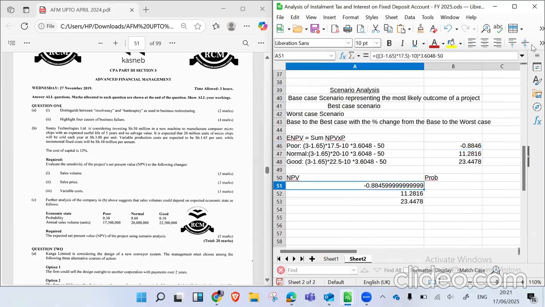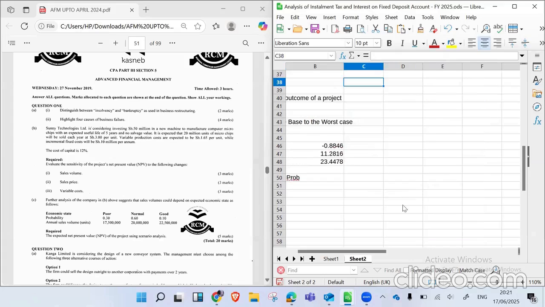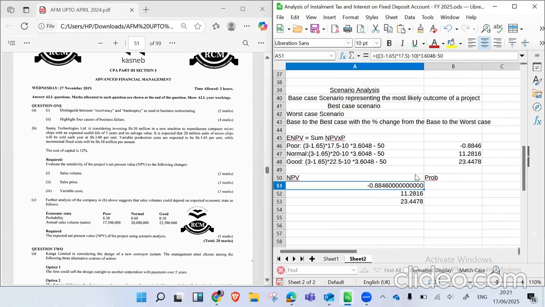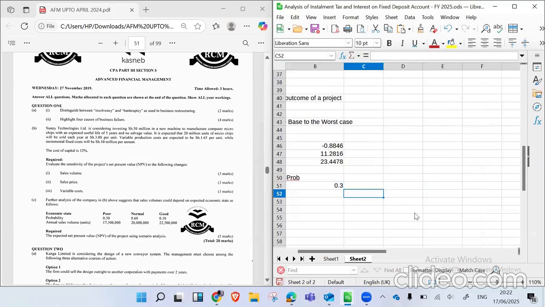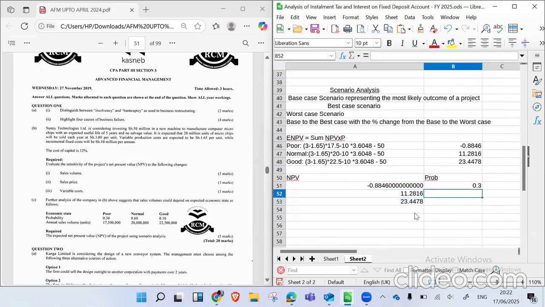Sorry for that. There we are. So the probability of poor is 0.3. The probability of normal is 0.6. And the probability of good is 0.1.